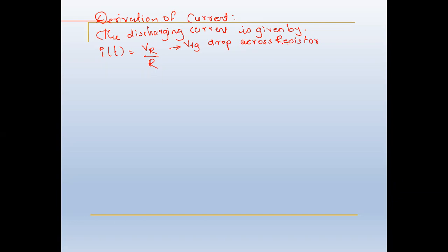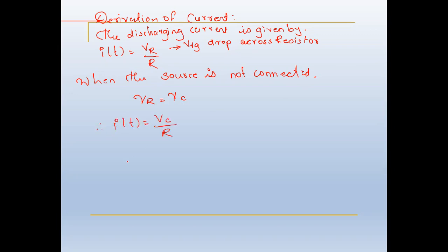Now when the source is not connected, VR is equal to VC, and therefore I of t is equal to VC by R.